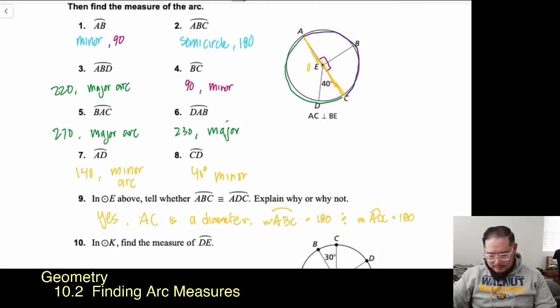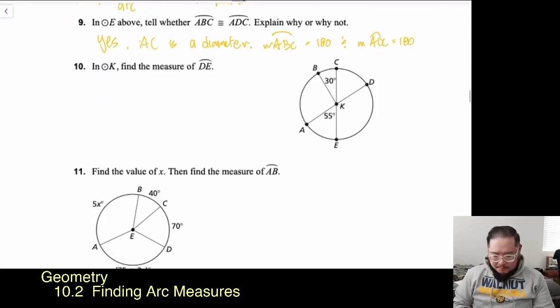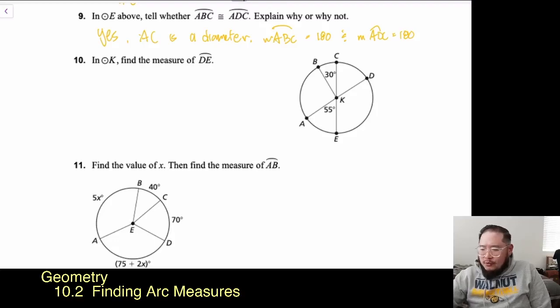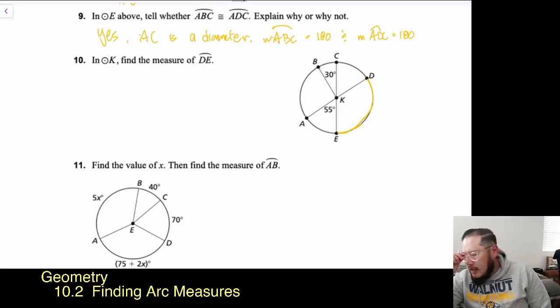Okay. Let's go ahead now and take a look at number 10. And in number 10, it says in circle K, and not the store, right? Find the measure of arc D to E. So we are trying to find right here arc DE, which happens to look like a minor arc. So how can we put this all together? There are some key angles that you can hopefully determine and find out.